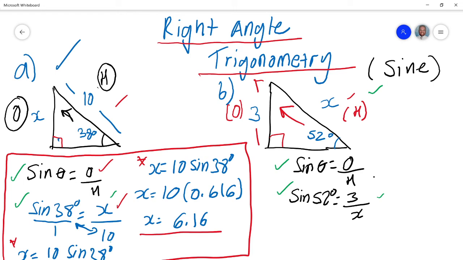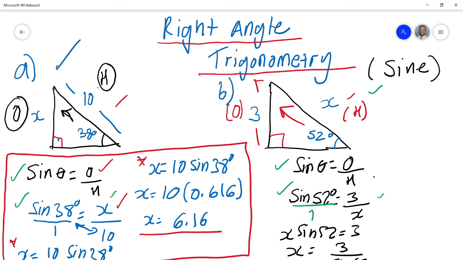So x, and if I was to show you the process, that now becomes over 1, and you're going to see that becomes x sine 52 equals 3, and x is now going to be equal to 3 over sine 52.